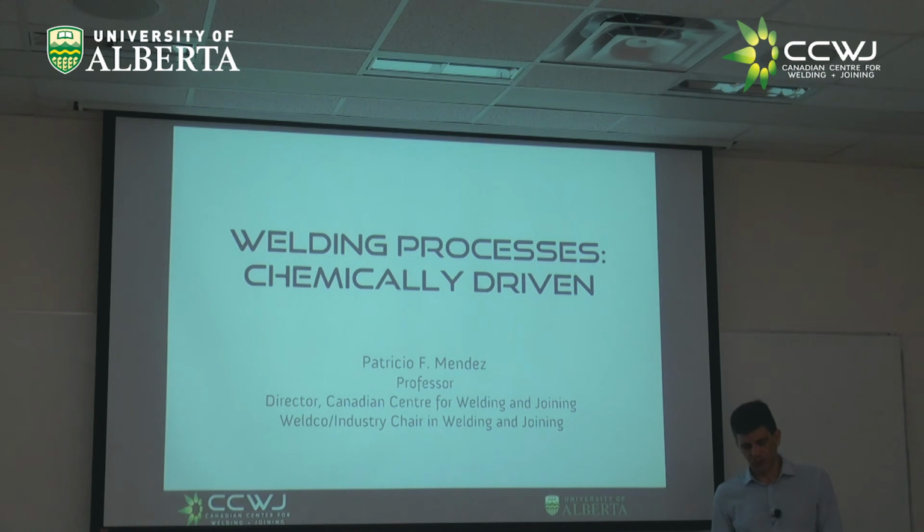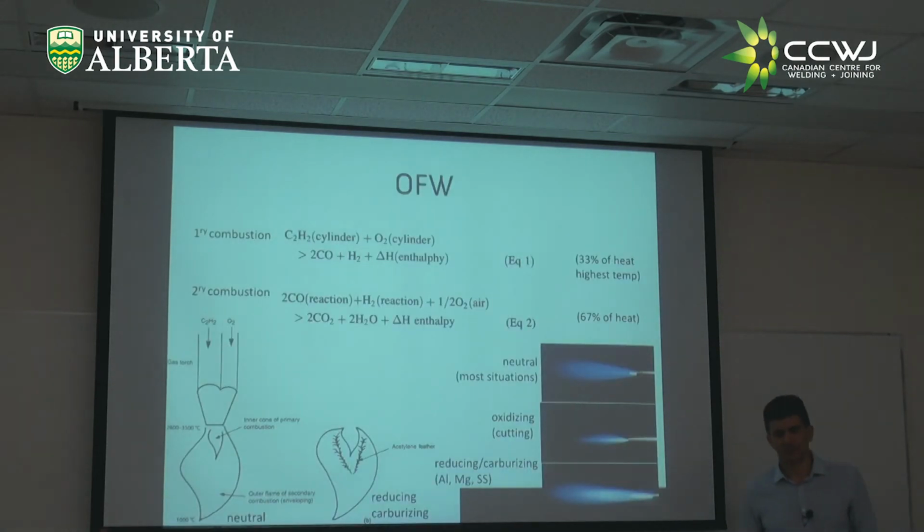So could be an arc, could be electrical resistance, could be a high-intensity beam, right? All those things we discussed. So now, how about when the source of energy is chemical? Chemical sources of energy are not as intense as those that are related to electricity, right?